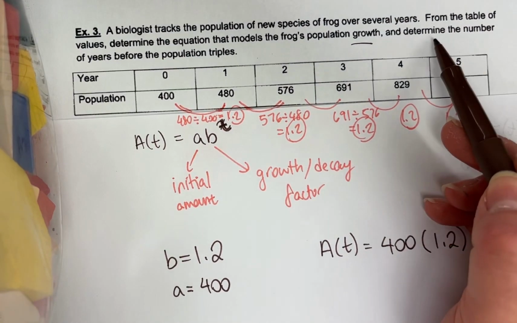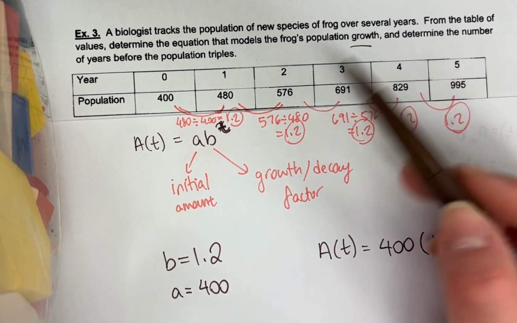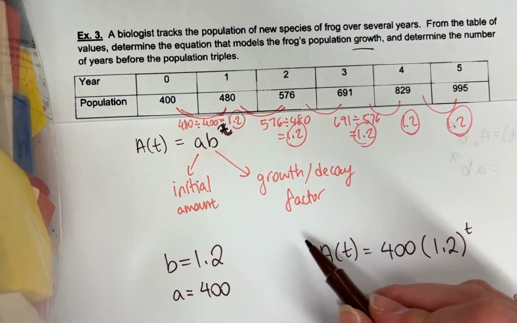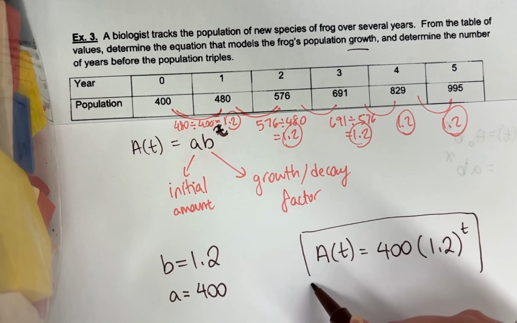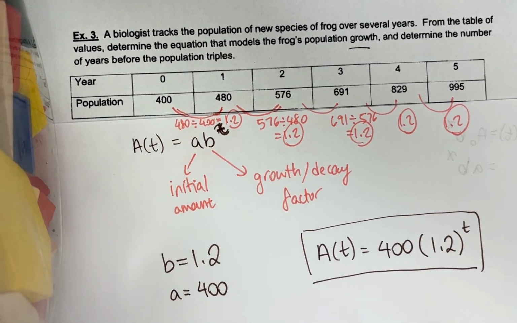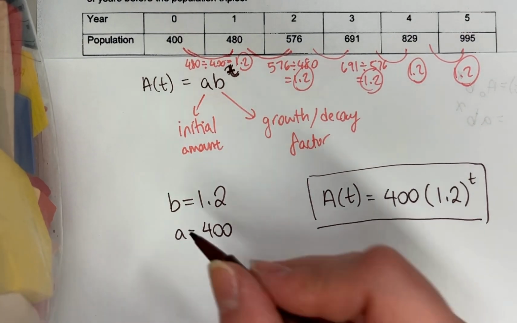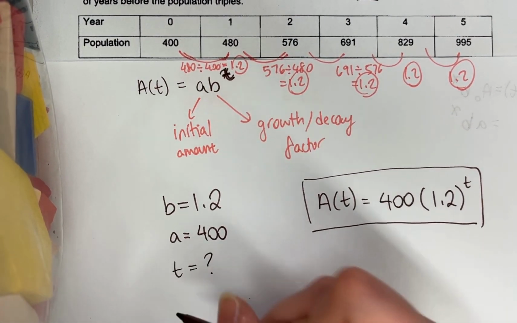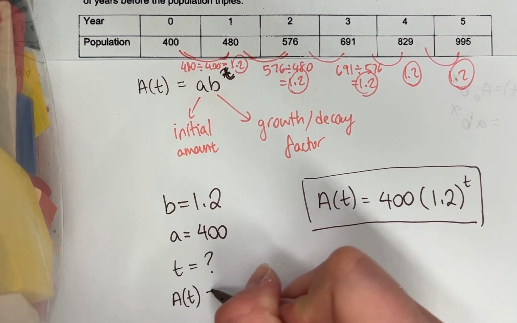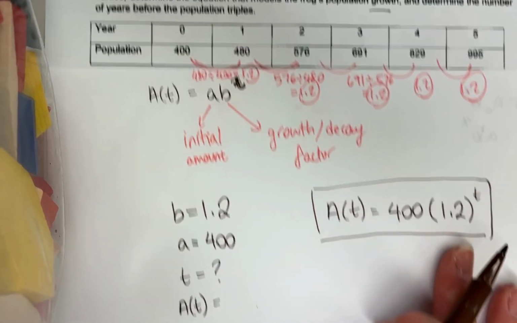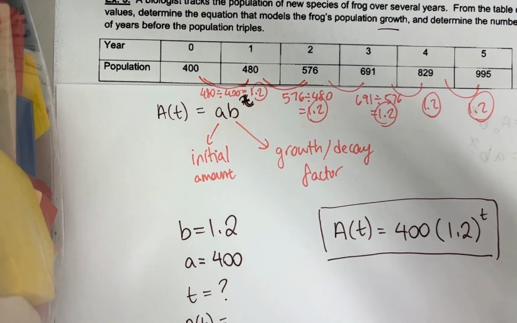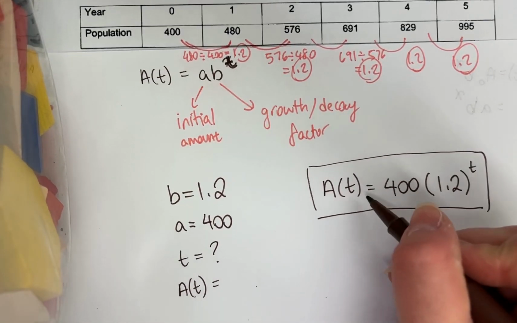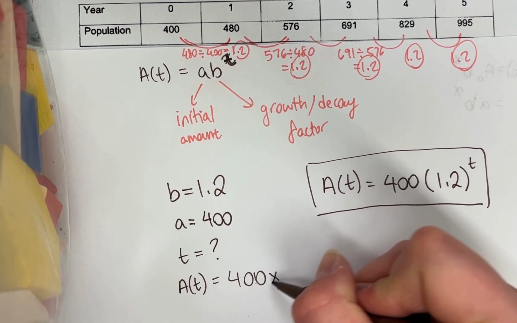We want to know the number of years before the population triples. So I have my equation. If I'm looking for t, and our population tripled, then our final amount is our initial amount tripled, which is times 3.